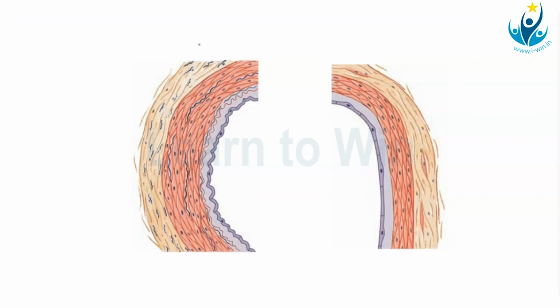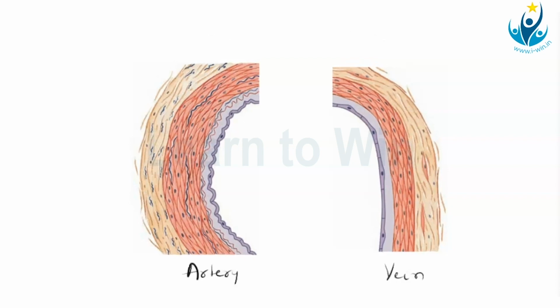So let us understand the histology of the artery and of the vein. We have here the tiers of artery and tiers of vein, and we are going to understand the various internal parts of it. In the TS, when we talk about the anatomy of arteries and veins, we know that they contain a lumen because it's a tube-like structure.